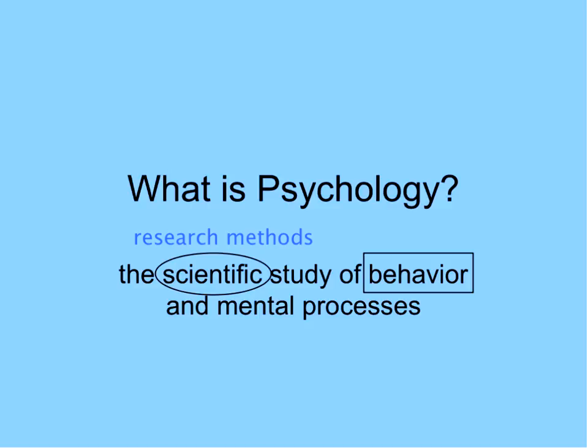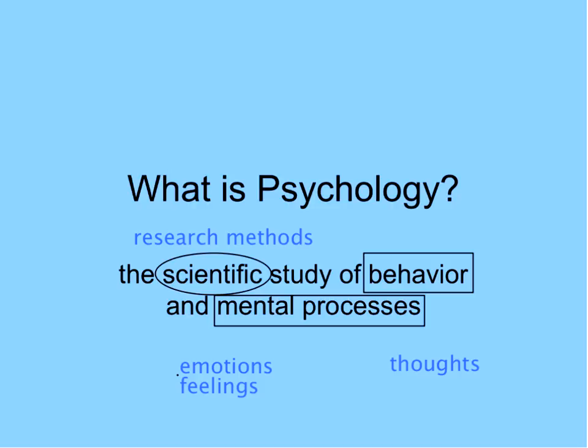So we're going to look at behaviors, and we're going to look at these things that we call mental processes. What might be involved there? Well, I take mental processes and I unpack it to mean two things for you guys. When we talk about mental processes, we're going to be talking about emotions or feelings on one side, and on the other side, we're going to be talking about thoughts, or the fancy word for thoughts would be cognitions.